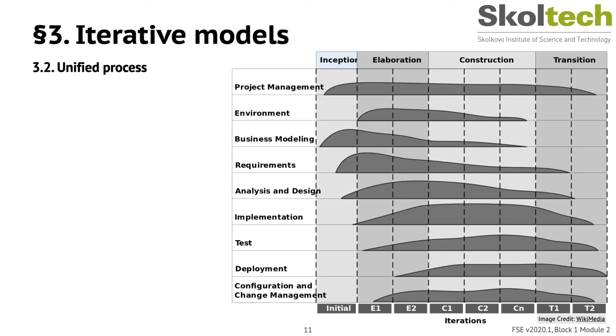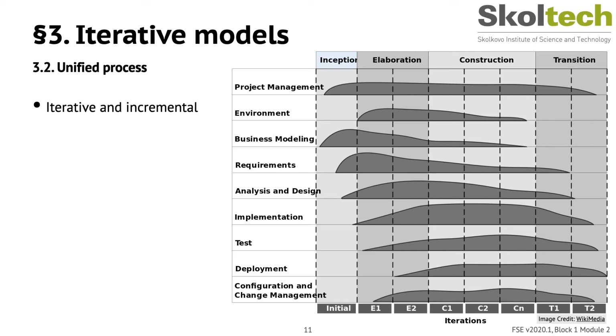Despite its name, Unified Process, or UP, isn't actually a process. Instead, it's an iterative and incremental development framework that you can customize to fit your business and your projects. So it's divided into two axes, or it has two dimensions. The x-axis defines certain phases and goes over time, with steps like inception, elaboration, construction, and transition.